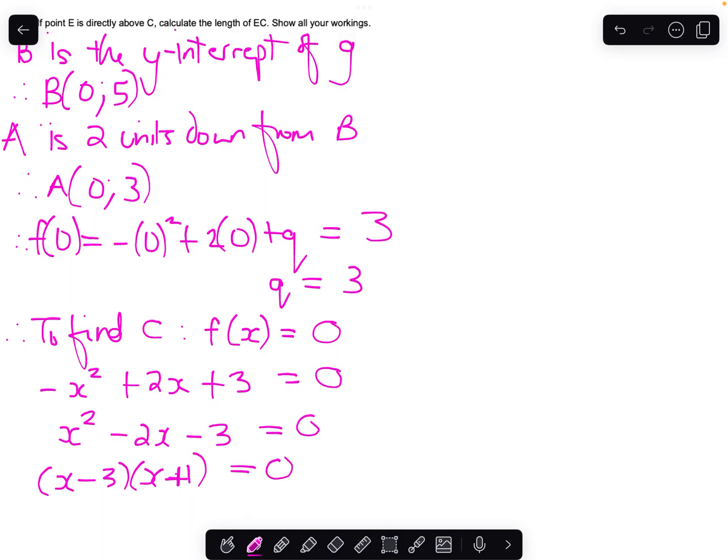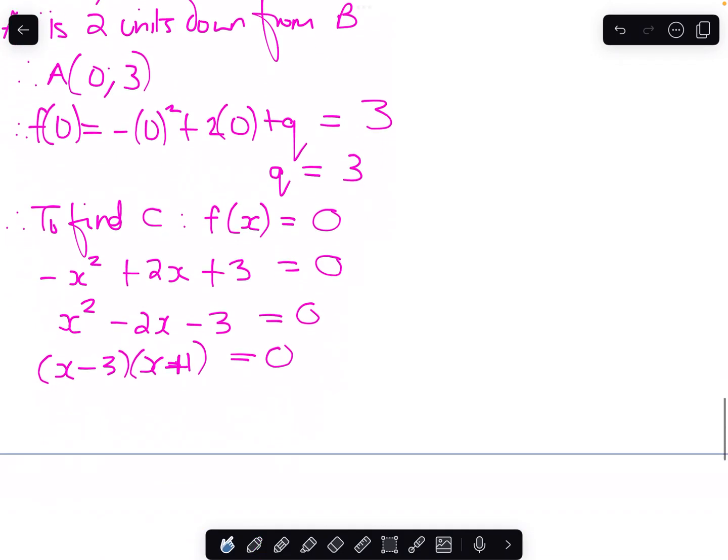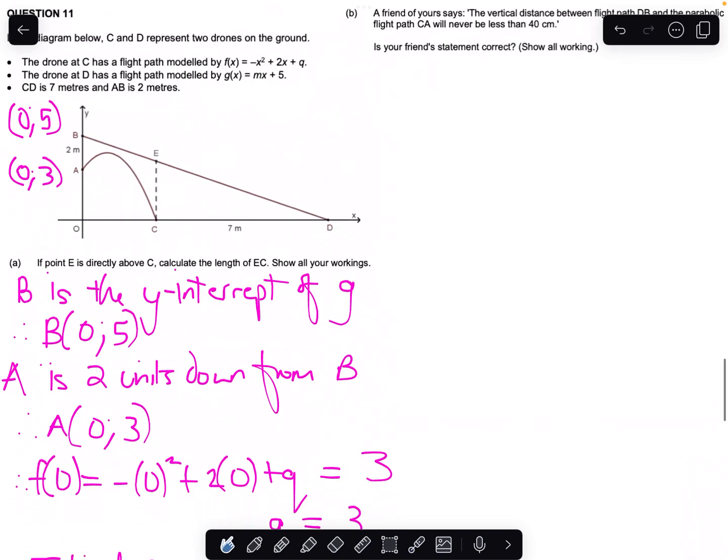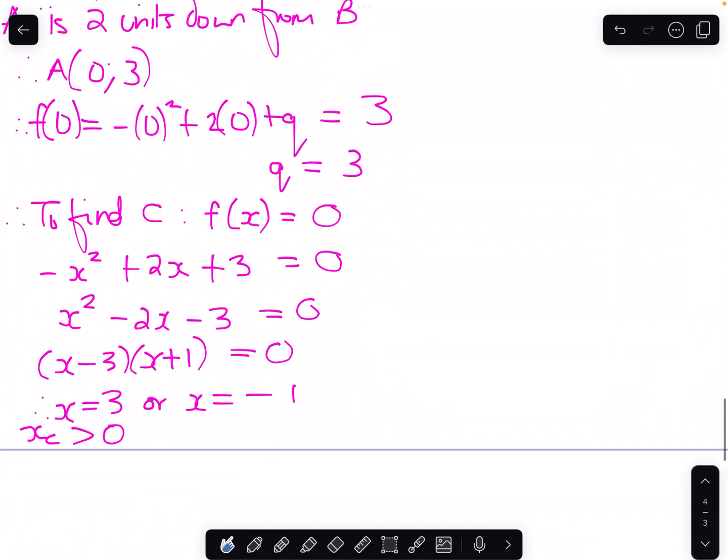Nothing stopping you from doing it with the coefficient of x squared being -1. So either x is equal to 3 or x is equal to -1. But the x-coordinate of C is greater than 0 because it's on this side of the x-axis. So therefore, x is equal to 3.